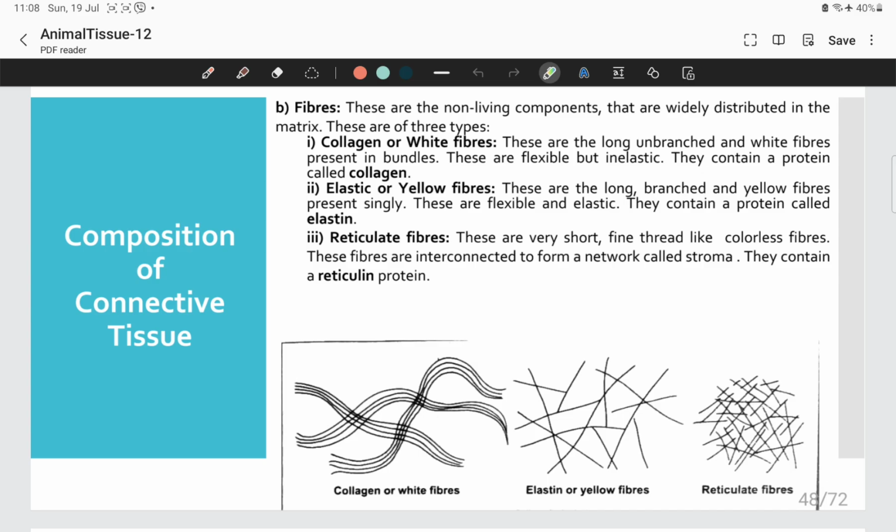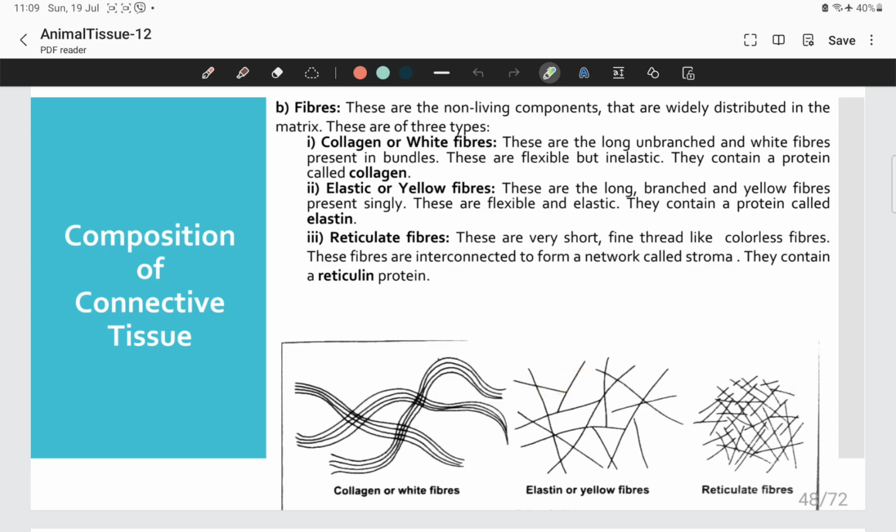The next fiber we have is elastic fiber or yellow fiber, because it looks yellow in color. Why is it called elastin fiber? Because it is made of a protein known as elastin, and in structure it is long but branched. Collagen fiber is unbranched, whereas elastin is branched, as you can see in the figure.